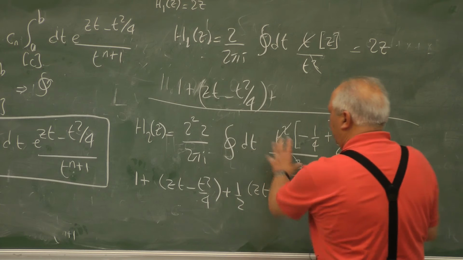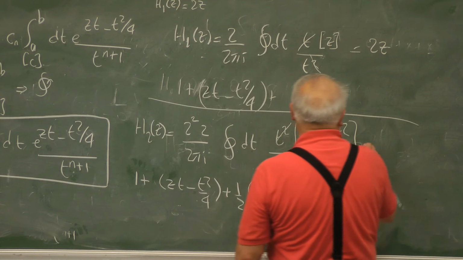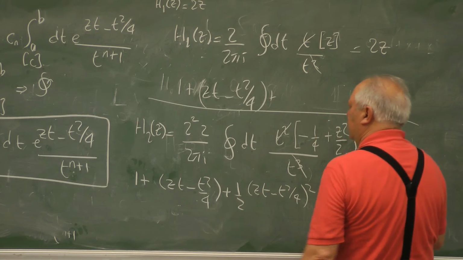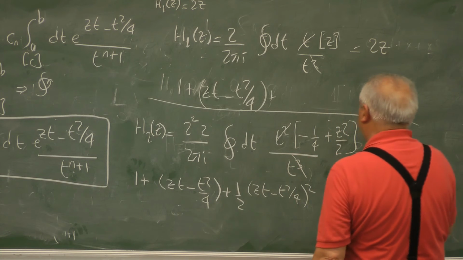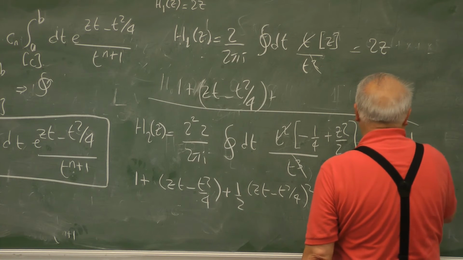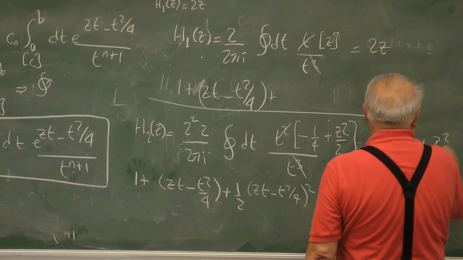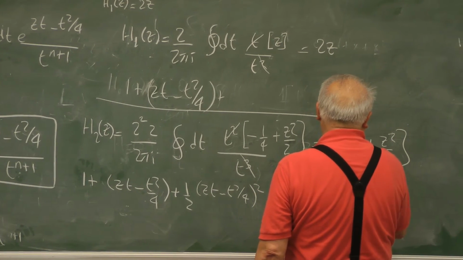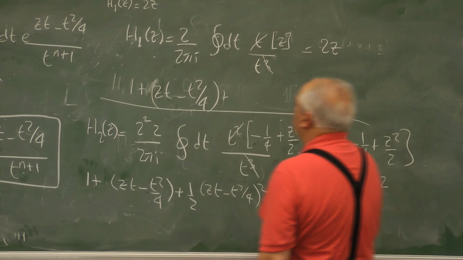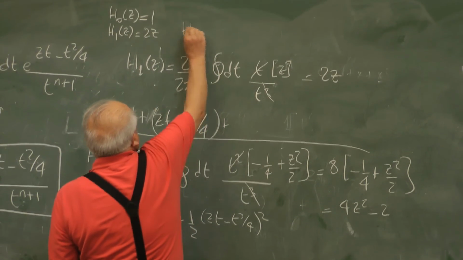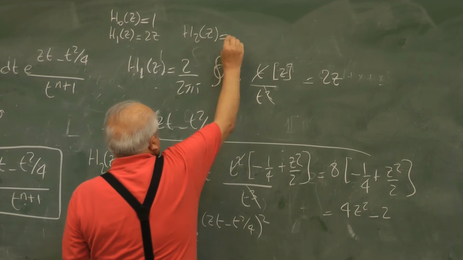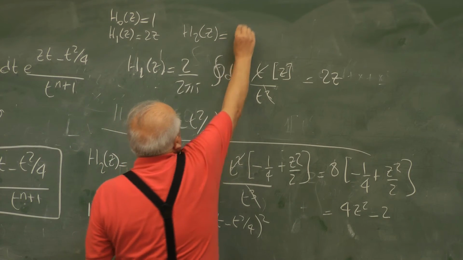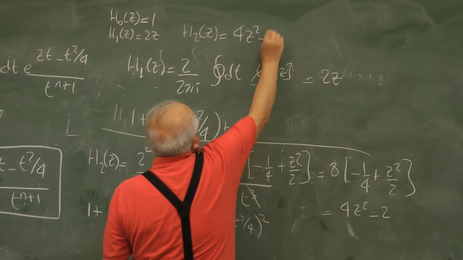This gives 2 pi i, which knocks this down. So it is 8 times, 2 times 4, 8. 8 times minus 1 over 4 plus z squared over 2, which is 4z squared minus 2. So h2(z) is equal to 4z squared minus 2.